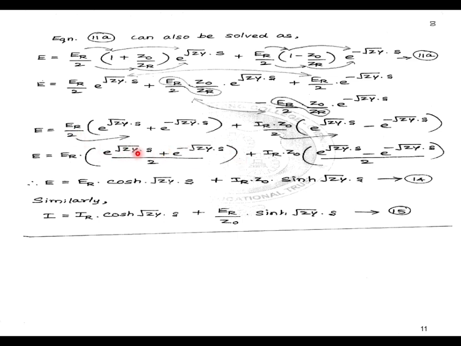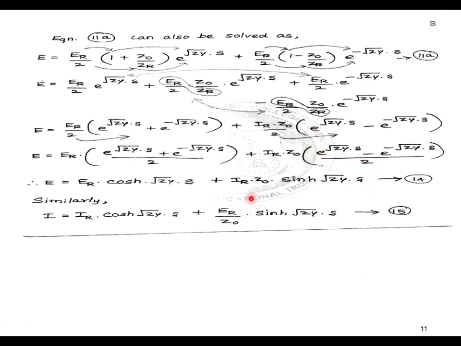So this is e power root of ZY S and e power minus root of ZY S. From these two we can take ER divided by 2 outside. So we get e power root of ZY S plus e power minus root of ZY S, plus likewise take this IR Z0 divided by 2, we can get e power root of ZY S minus e power minus root of ZY S. So the 2 goes here: e power root of ZY S plus e power minus root of ZY S divided by 2, plus IR divided by Z0 into e power root of ZY S minus e power minus root of ZY S divided by 2.